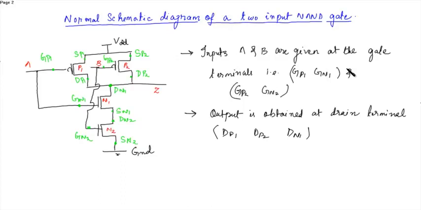Now let's see the truth table. How you have obtained the truth table of a 2-input NAND gate. So we'll see the explanation for the truth table.